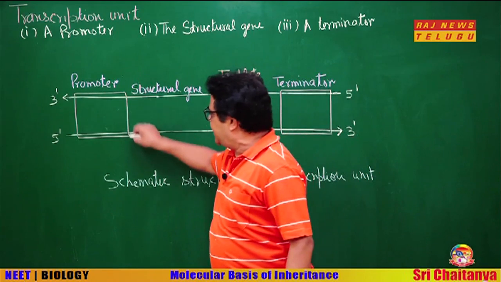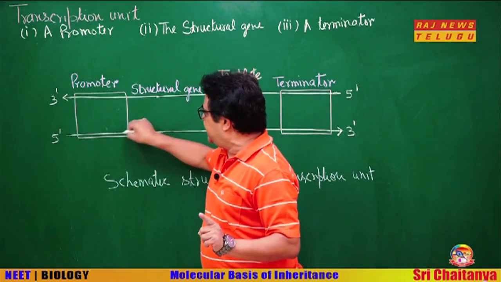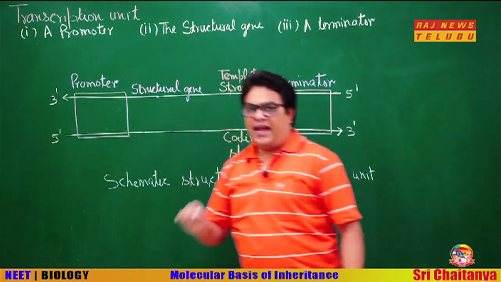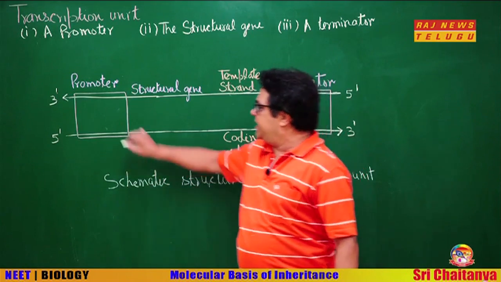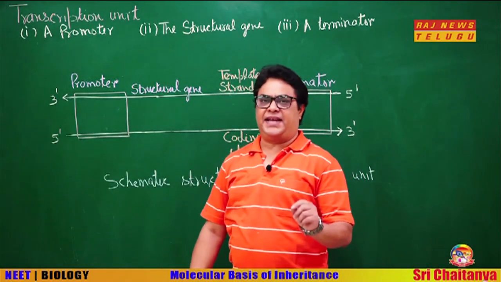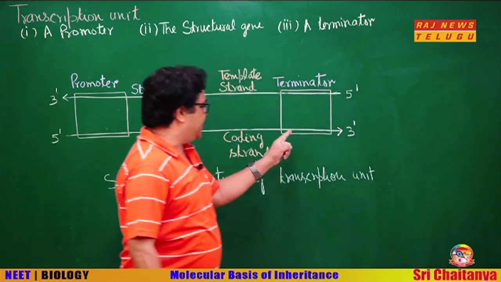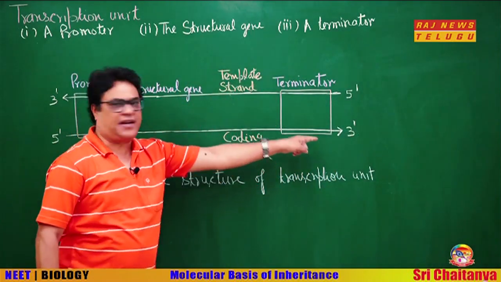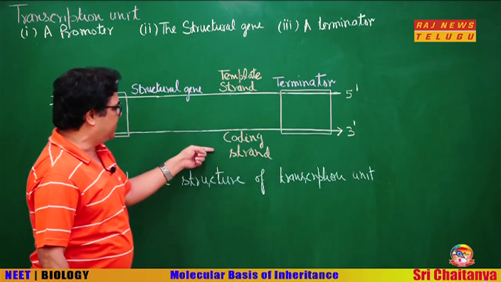So, the promoter is present towards the 5' end. Remember, the promoter is present towards the 5' end, and the RNA polymerase enzyme binds to the promoter for the initiation of transcription, while the terminator is present towards the 3' end, because we are taking all the references of direction from the coding strand.